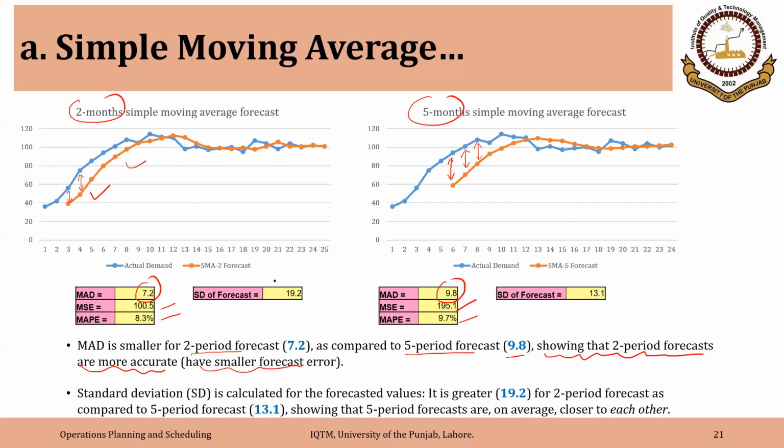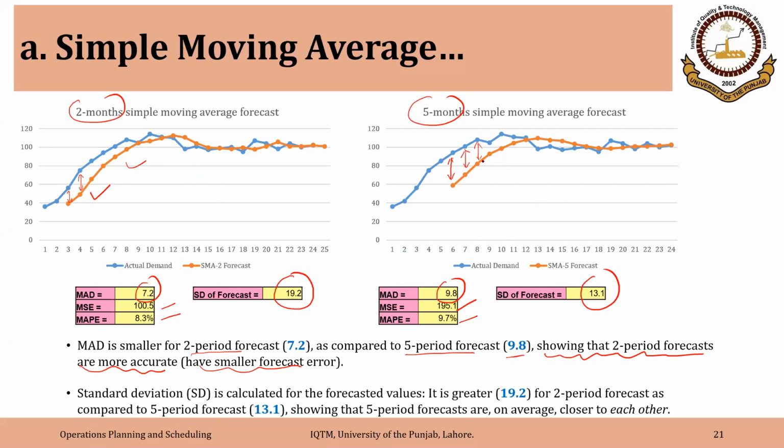On the other hand, the standard deviation is larger for the 2 months forecast and it is smaller for the 5 months forecast. This is the standard deviation of the values of the forecast. That means that the values of the forecast for the 5 months method are much closer to each other than they are in the case of the 2 months forecast. That is something that we do not require.